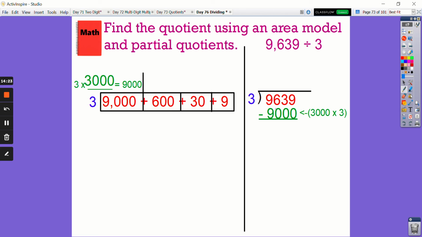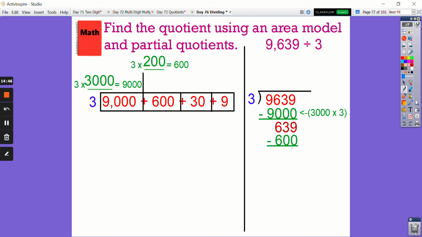Now we're going to move on to the 600. Look at your math facts. 3 times what is 6? So you know that 3 times what is 600? Hopefully you're thinking 200. So now we're going to pull out 600 over here.